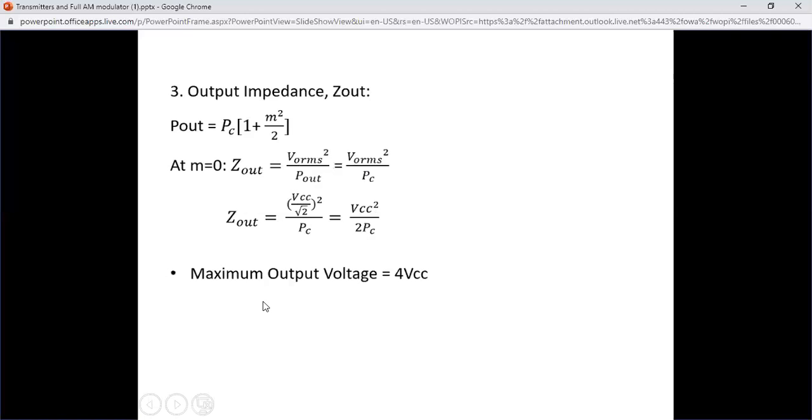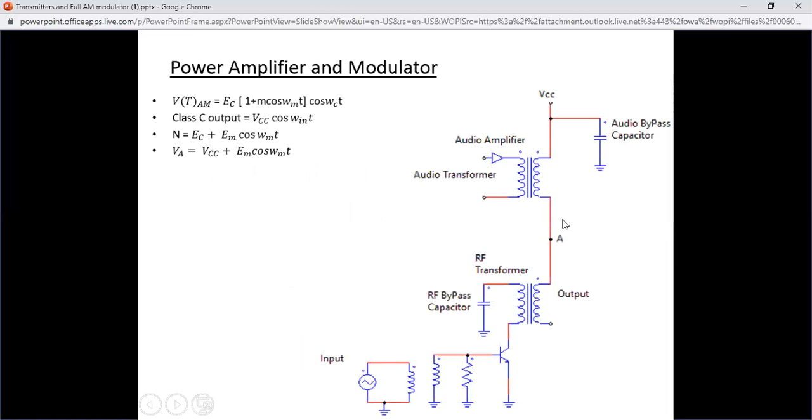Now, the output voltage produced will be between 0 and 4 VCC, 4 VCC being the highest power or the maximum voltage achieved. This is because the maximum output voltage is equal to 2A, where the voltage at node A is VCC plus EM cosine omega mt, as I mentioned earlier, where at m equal to 1, EM is equal to VCC.